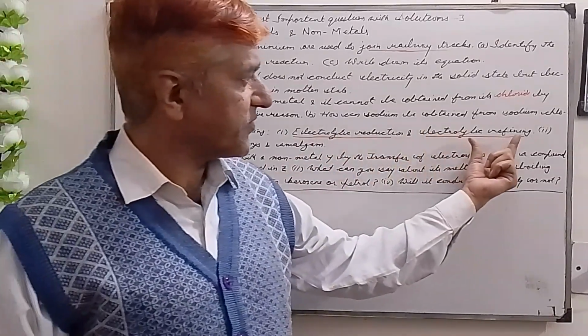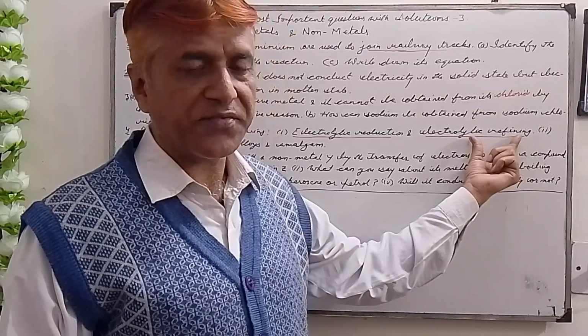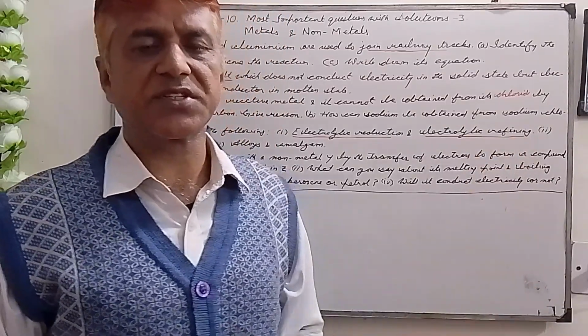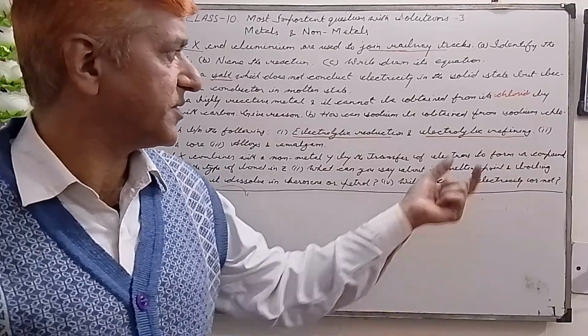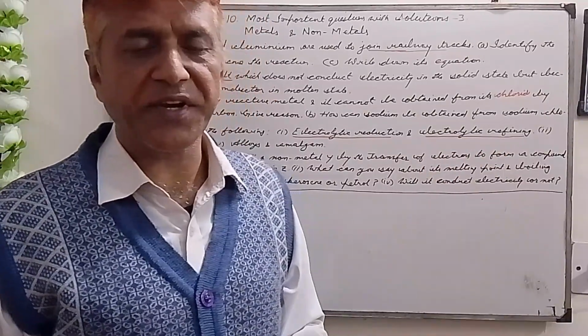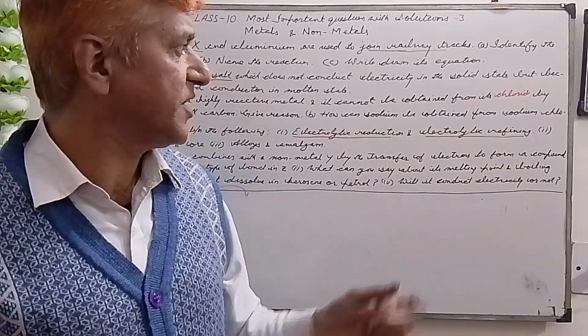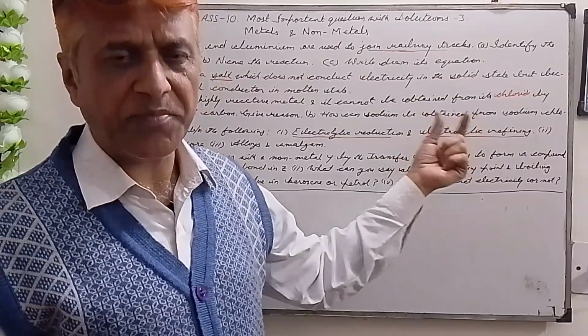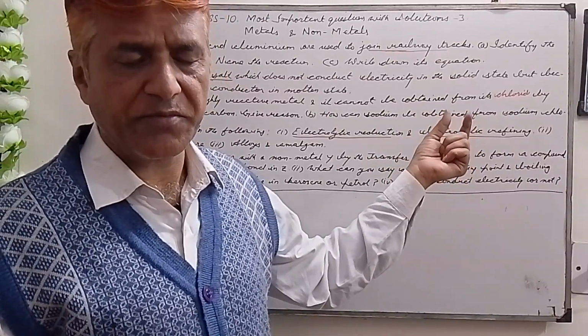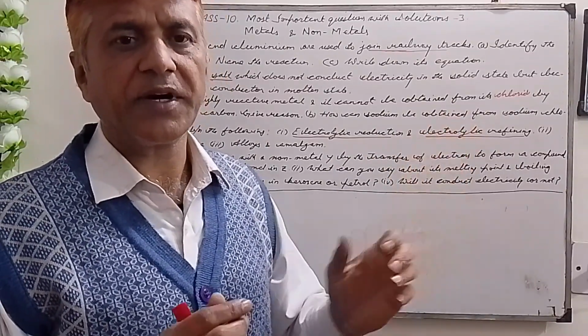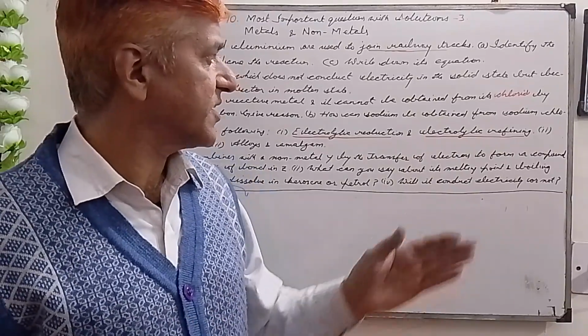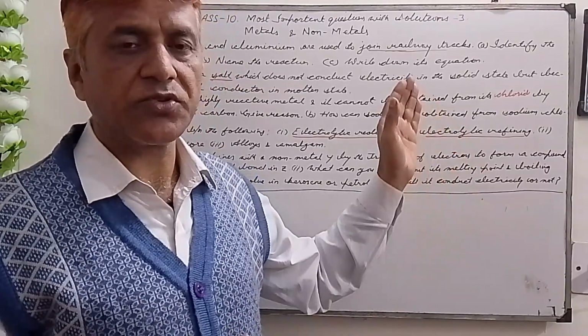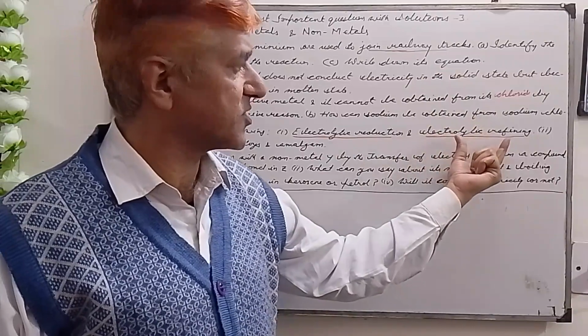And electrolytic refining is a process in which the metal which is obtained after reduction is impure. The metal which we obtain by the reduction process is not pure, so that is purified using this process.